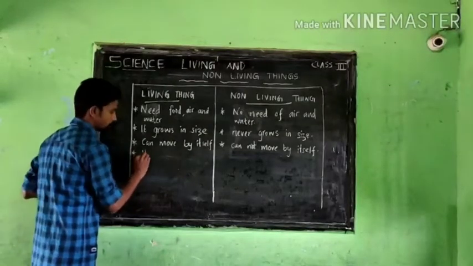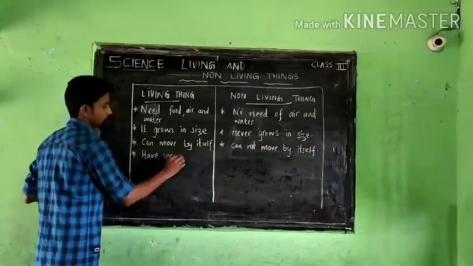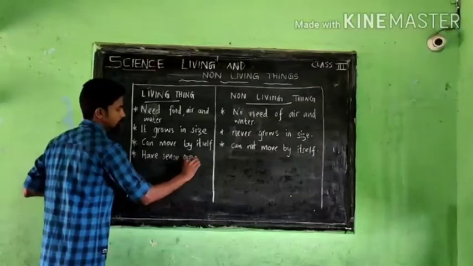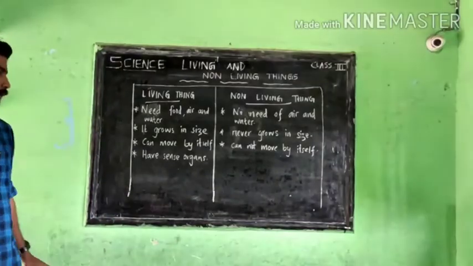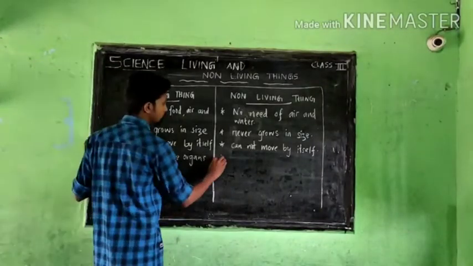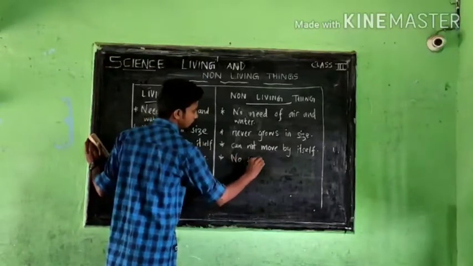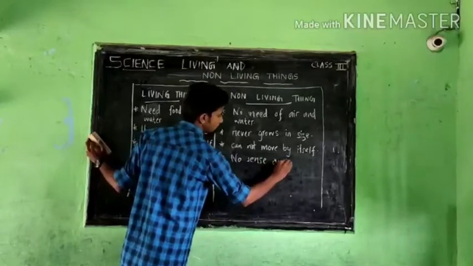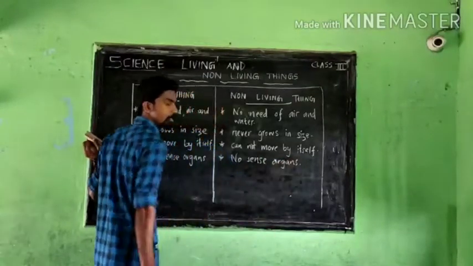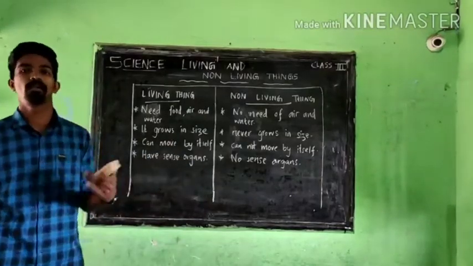The next one, living things have sense organs. And here, no sense. Otherwise, you can write no feelings. No sense organs. If they have sense organs, then only they can feel.